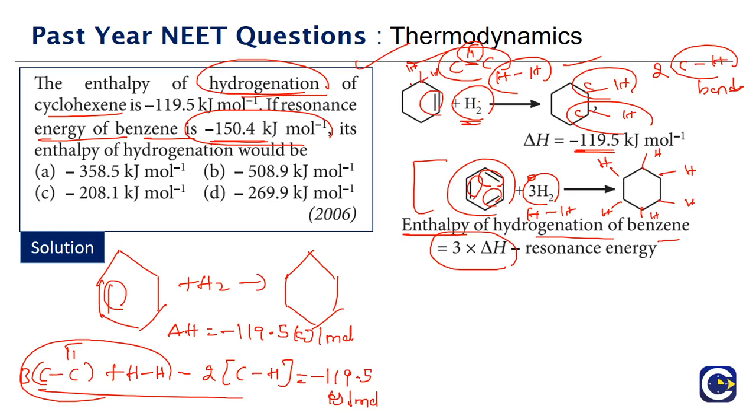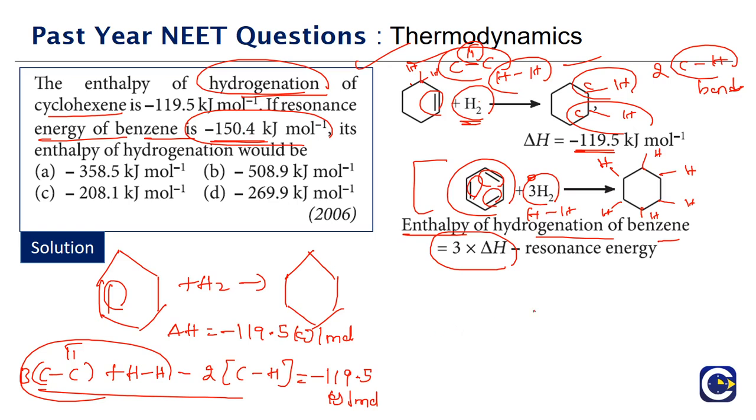We are dealing with 3 carbon pi bonds and 3 hydrogen single bonds, correct? But apart from this, benzene has resonance stabilization, meaning it has a stabilization energy of minus 150.4 kilojoule per mole.